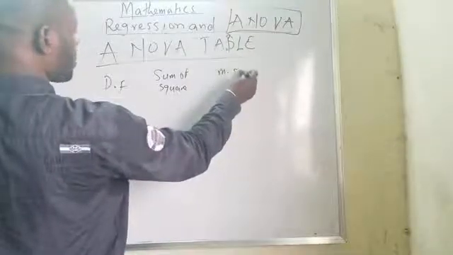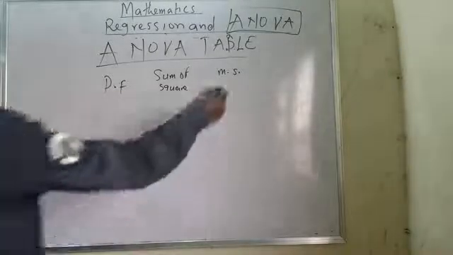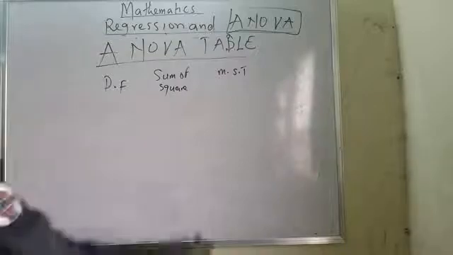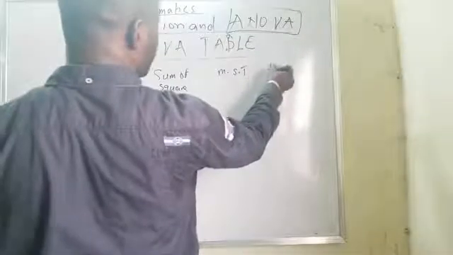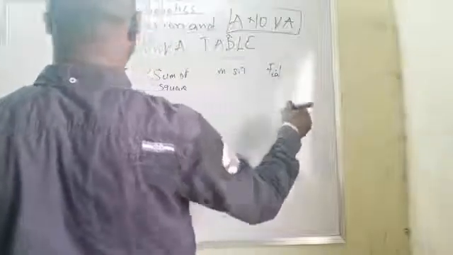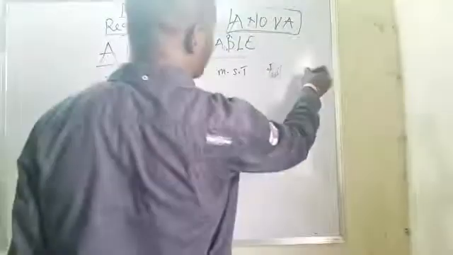Here we call it mean sum of treatment, or mean sum squared, and this one we call F calculated, and some people use p-value. Okay, let me put a p-value.